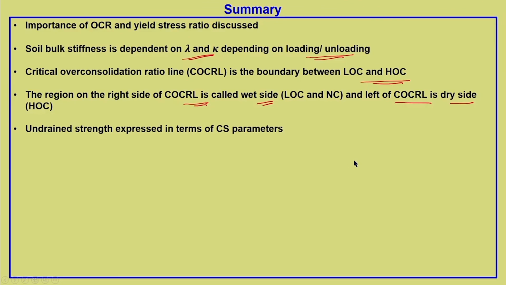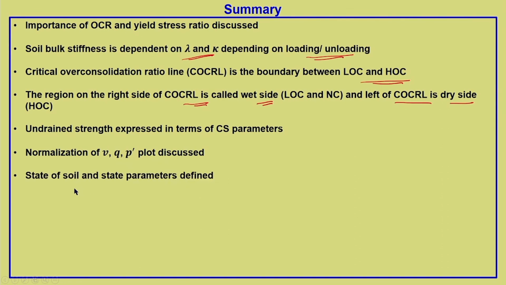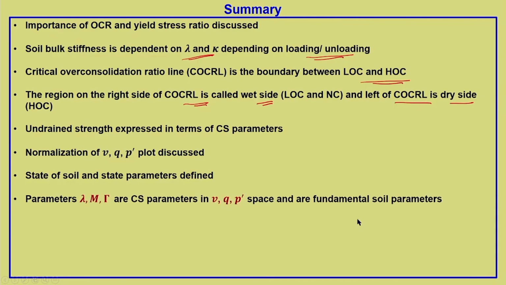Undrained strength expressed in terms of CS parameters, both in tau space as well as q-p' space, has been discussed. How to normalize the v-q-p' plot has been discussed. The state of soil and state parameters have been defined. Parameters lambda, M and gamma are critical state parameters in v-q-p' space and are fundamental soil parameters.